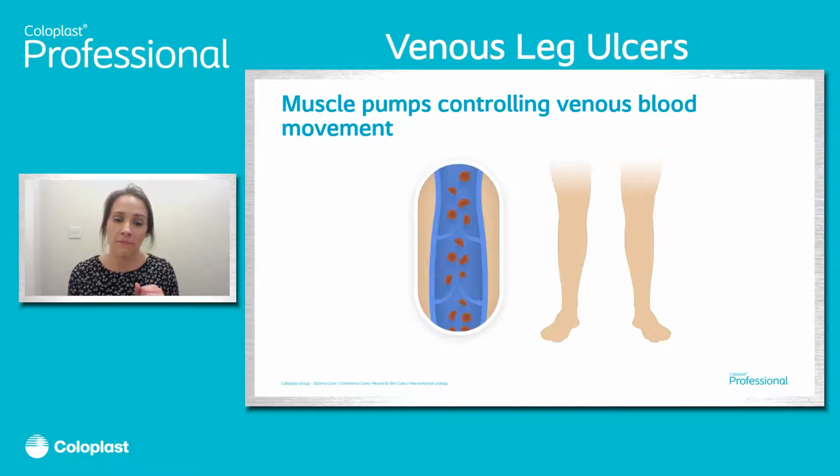So those valves within the vein, helping to support that return. So that works in conjunction with our calf muscle as our natural pump. So we have this constricting and relaxing because of the muscle, and that helps to push and support that return blood flow back to the heart.